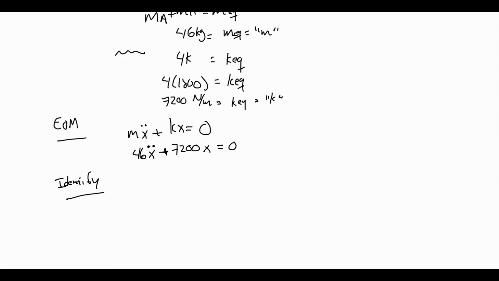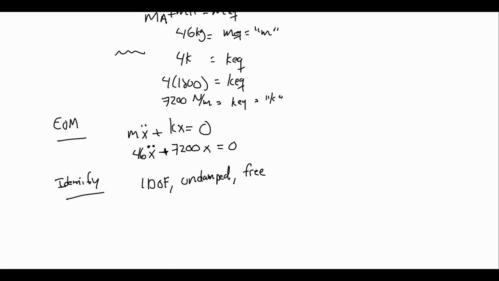like for this problem. So based on the equation of motion above, we know that x is our only time-dependent variable, so it's 1 degree of freedom. We have an x double dot and an x, but there's no x dot, so it's undamped because it lacks that x dot term. The right-hand side is 0, so it is free or autonomous.